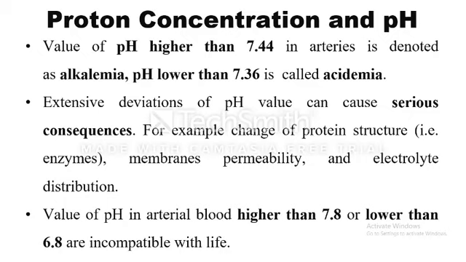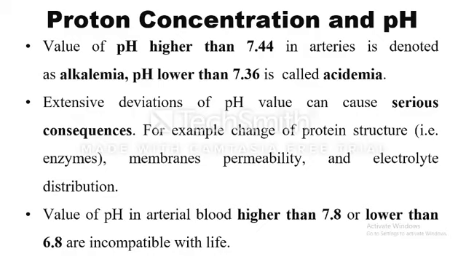So if the pH is changed, these proteins or enzymes change their structures and they cannot perform their functions properly. The second effect is on membrane permeability. The membrane may not be able to allow the ions to go in and out of the cell, so it can affect the function of the cell as well. Electrolyte distribution can also be affected.